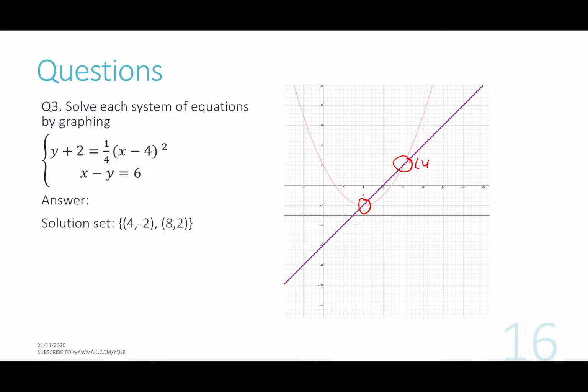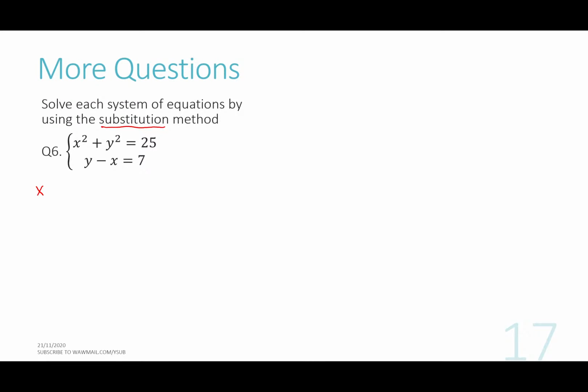Here there is another question by substitution. So we can resolve this question, which is question 6 in your book, by the way, Core 2 Common Core. We can do substitution here. If we get from here that y is equal to 7 plus x, and you know how we get this, right? Because we did plus x here and plus x here, so we get rid of this, so it is 7 plus x.